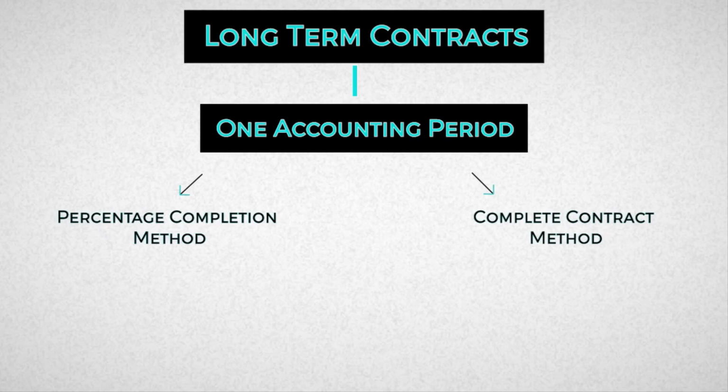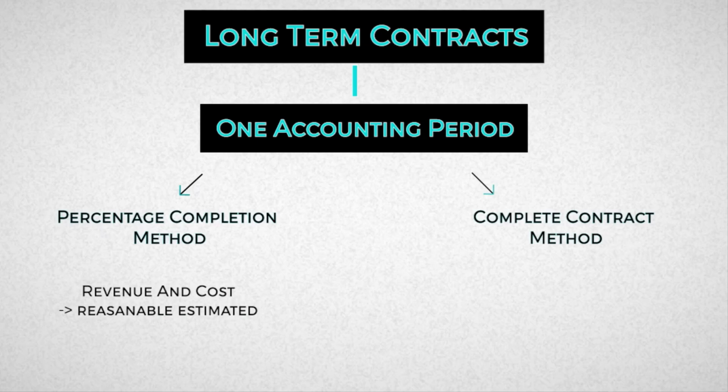So what is the difference between the two? The percentage completion method essentially means that if the revenue can be reasonably estimated and the project cost can be reasonably estimated, then you can go about using the percentage completion method.